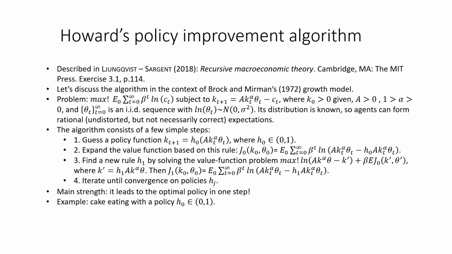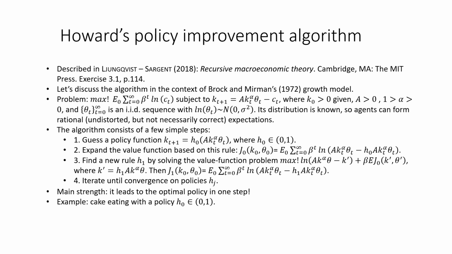We don't know if this policy rule we just guessed is optimal or not. Probably it isn't. It is just a guess. It's not supposed to be optimal. It is just a guess, by which in the second step we expand the value function.